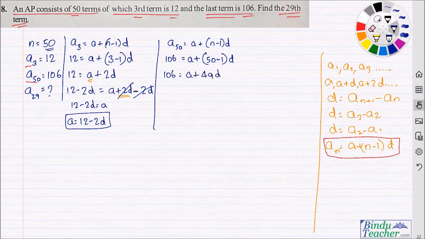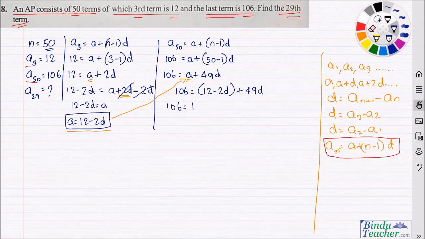Now there is no way to simplify this further. However, you can see we have A here and we have found the value of A to be 12 minus 2D. So let's substitute this value here and see what happens. So I'll write 106 equals 12 minus 2D plus 49D.